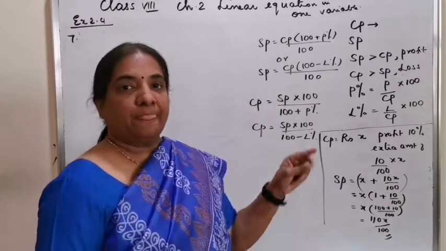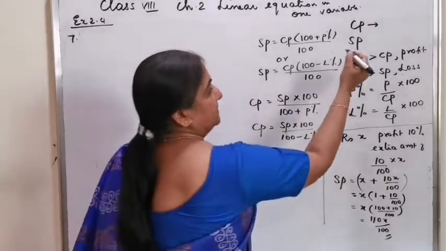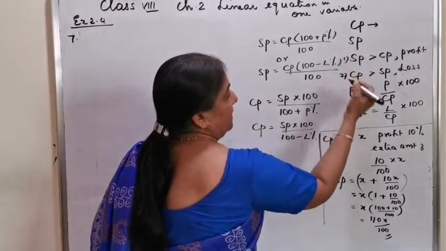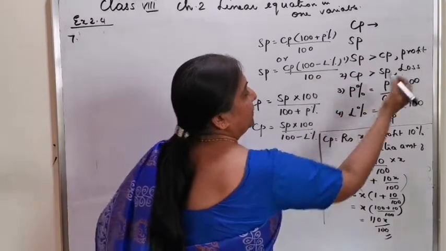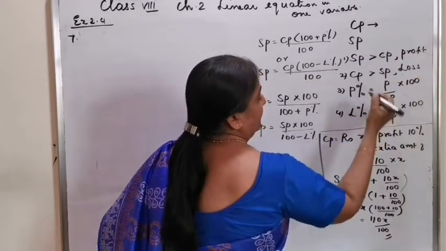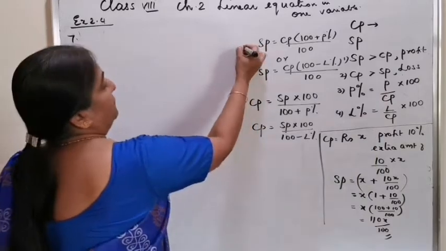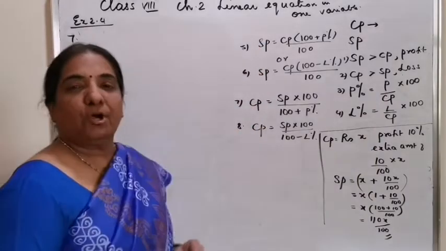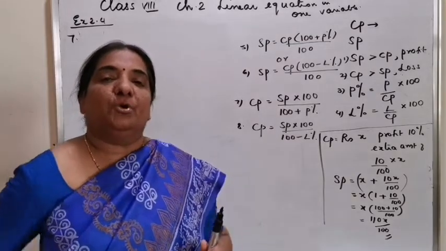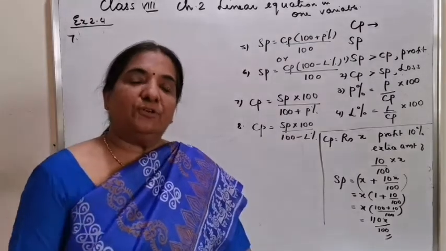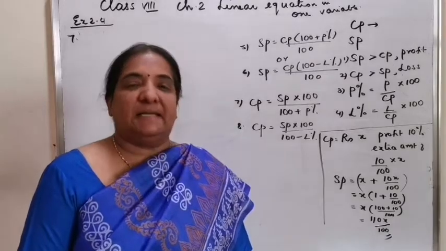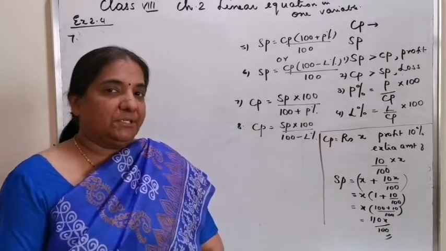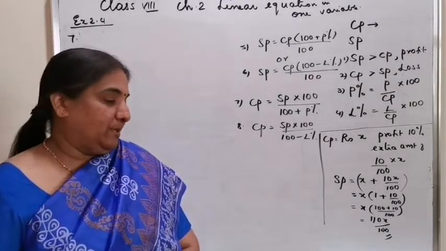And now, these formulas will be very helpful to you. 5, 6, 7, 8. You can copy these formulas in your notebook. It will be very helpful to you in future because commercial maths is very, very important. Let's proceed with this problem.